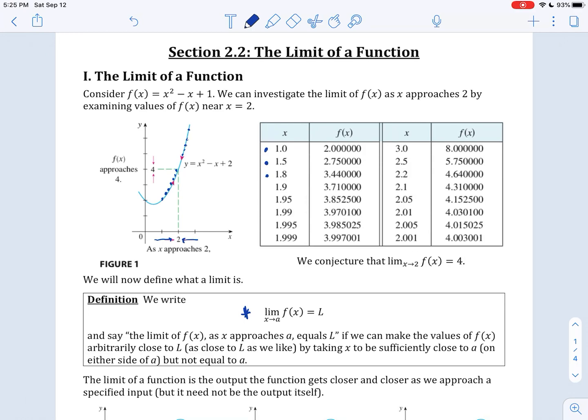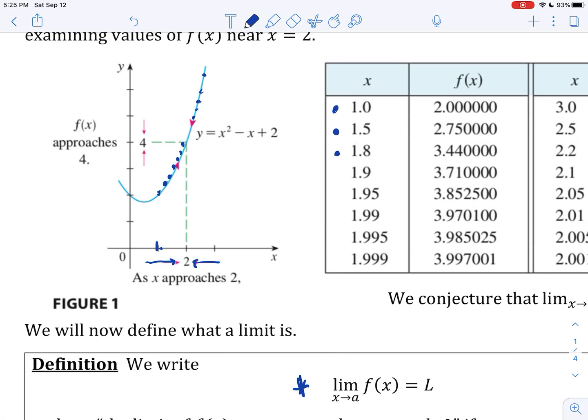So in looking at the table on the right, you'll notice in the left-hand column the values of x start with 1 and they gradually approach 2 very closely. If we took output values at values of x closer to 2 from the left-hand side, we would have these function values up on the graph, and we see that they are approaching the value of 4.